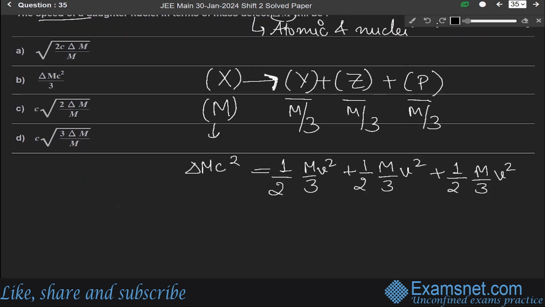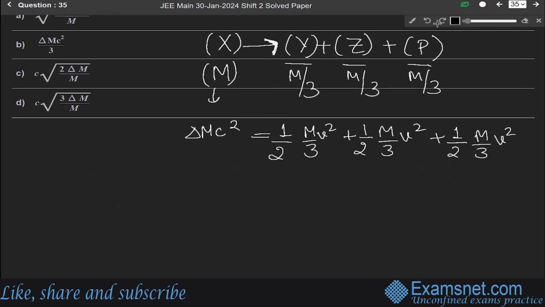Now this delta m c square is equal to 3 by 2 into M by 3 v square. This 3 cancels out.